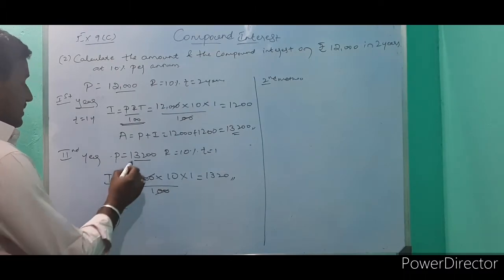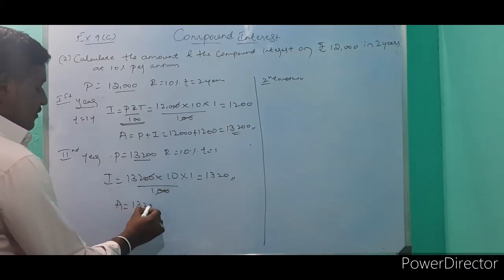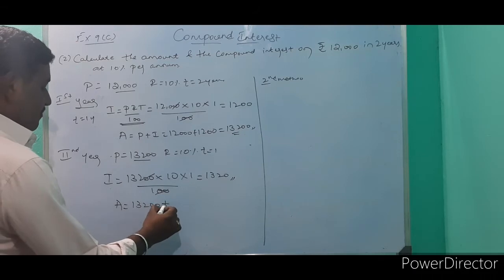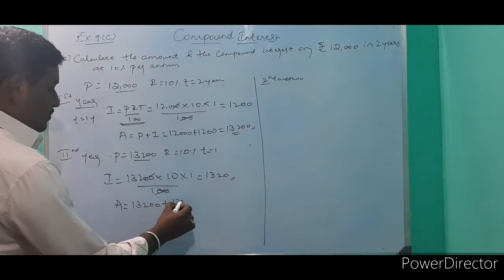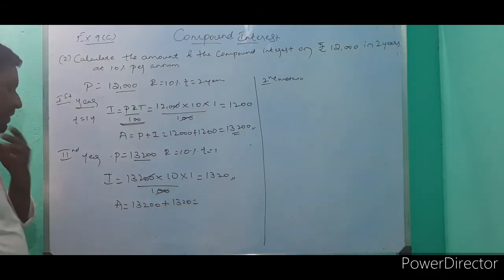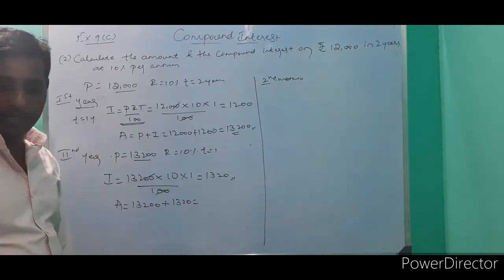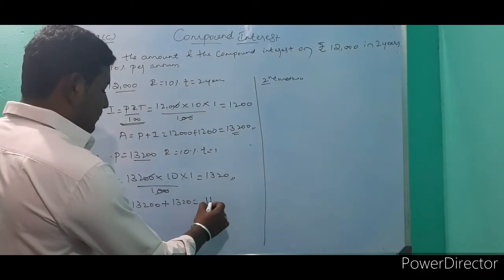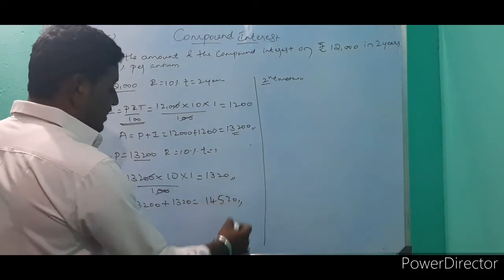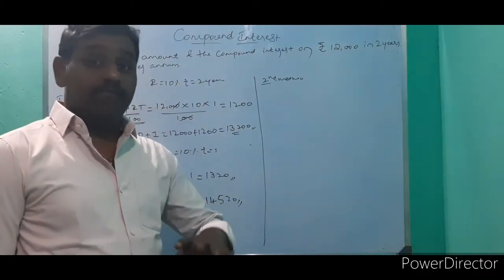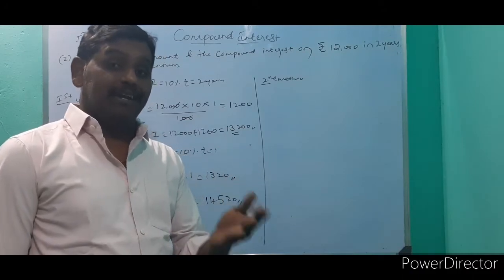Now find the amount for the second year: 13,200 plus 1,320. If you add these two, you will get 14,520, the final amount of the second year.